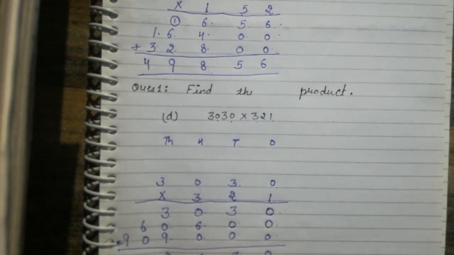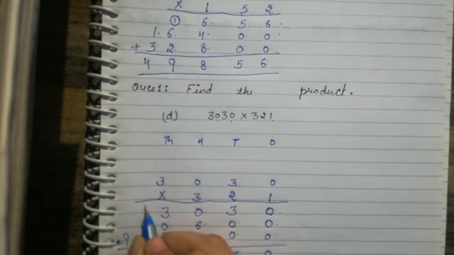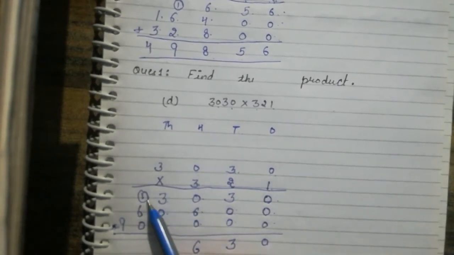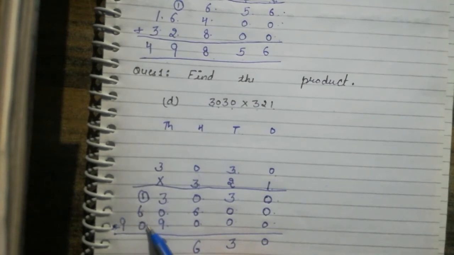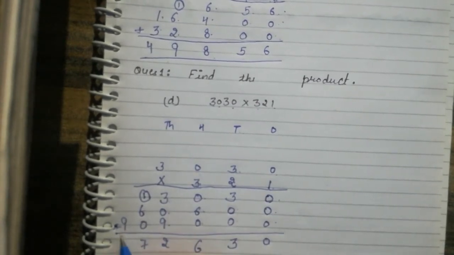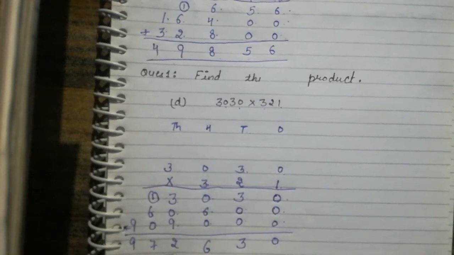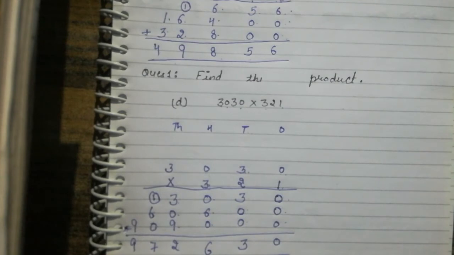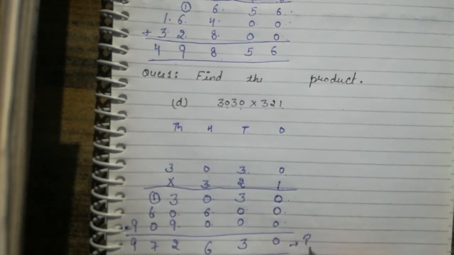So write down 2 here and 1 will go to carry. Now 1 plus 6, 7. 7 plus 0, 7. And write down this 9 as it is. So our product is 9,72,630. This is known as the product.